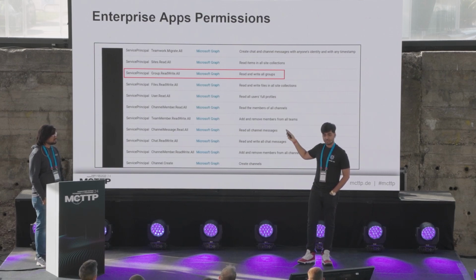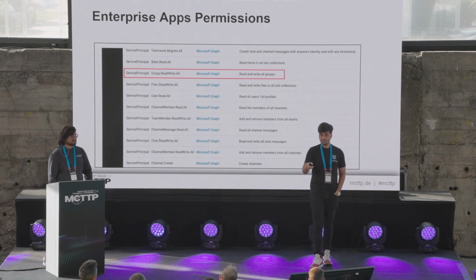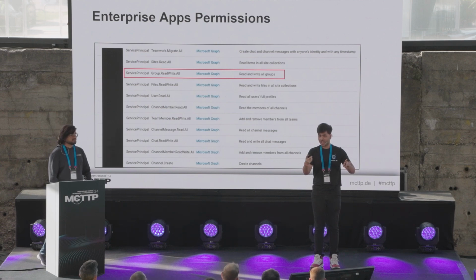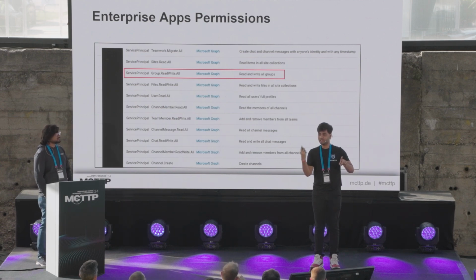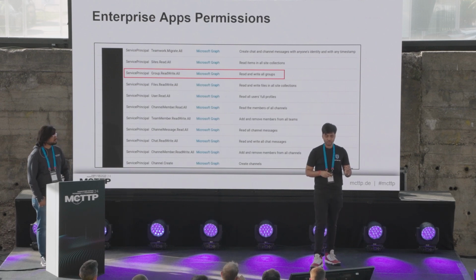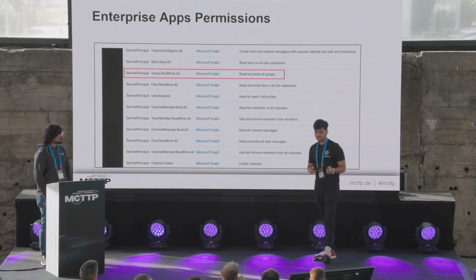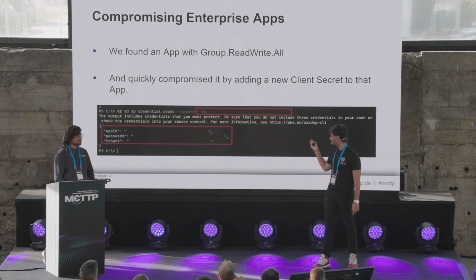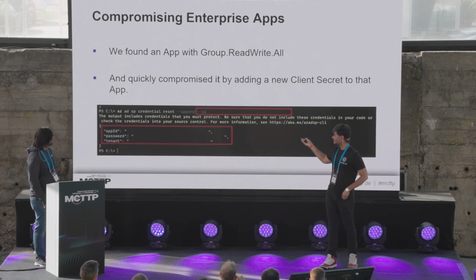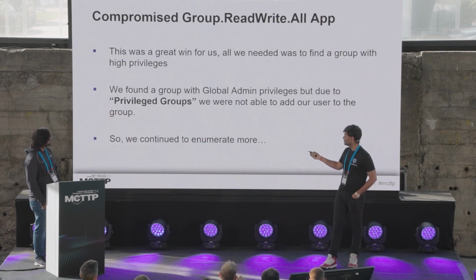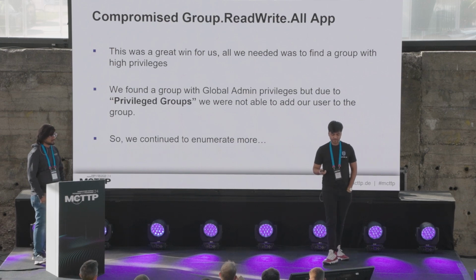I have the permissions of Group.ReadWrite.All, which means if I am able to find any group which has global admin permissions or any higher permissions, I can directly add my tester user to that group and I will get those permissions, right? We did find some groups which had global admin permissions. We added a client secret to this service principal and got logged in.